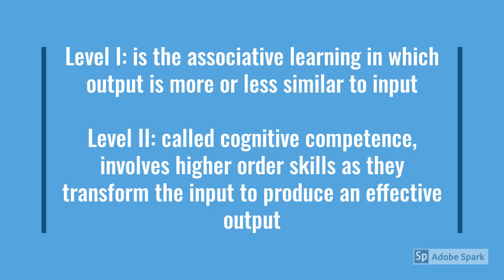Level 1, according to him, is the associative learning in which output is more or less similar to input. An example of this is rote learning or memorizing, where there is no need to understand the details of what is being memorized. Level 2 is called cognitive competence, which involves higher order skills as they transform the input to produce an effective output.